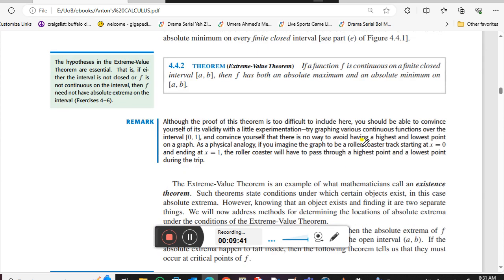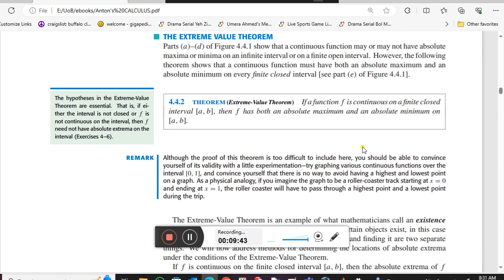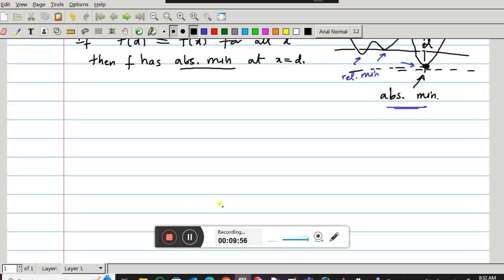So see, if you have a closed interval, the theorem says if f is continuous on a finite closed interval, then f has both maximum and minimum. So on a closed interval, both maximum and minimum will be there. Why is that? You see, if I consider f on the closed interval [a, b] where the endpoints are included, right?